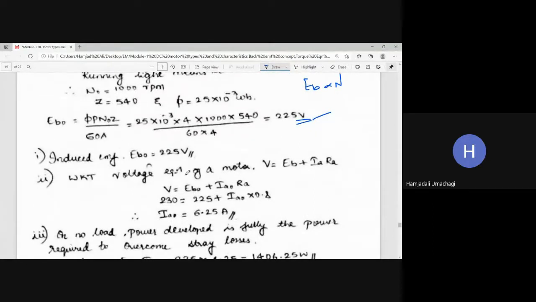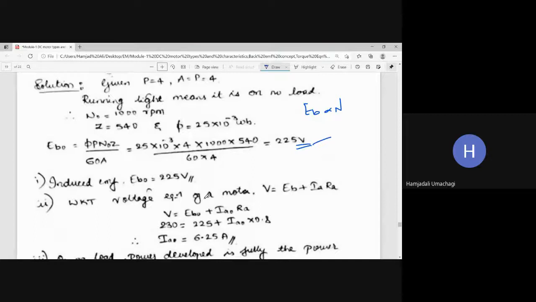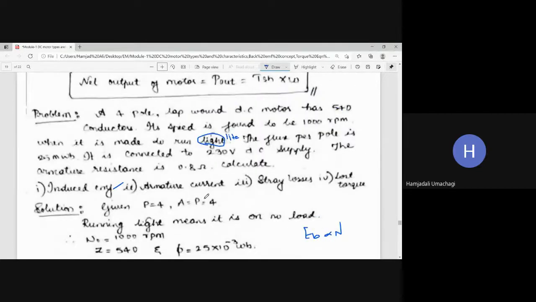We know that the voltage equation of the DC motor is V is equal to E_b plus I_a R_a. So V as it is, E_b0, I_a0, and R_a. What is this E_b0 here? Already we have calculated the no load back EMF, that is 225. And the voltage for the motor is how much here? What is the input?